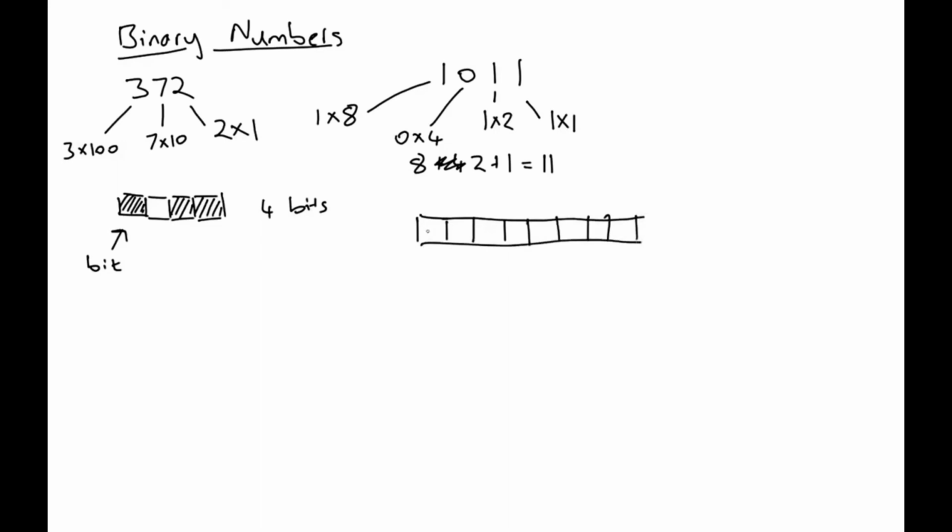And this is called 1 byte. So we've got bits and bytes. And there's going to be a limit to what size number you can represent in a byte. We're going to get onto that probably in the next video but one.